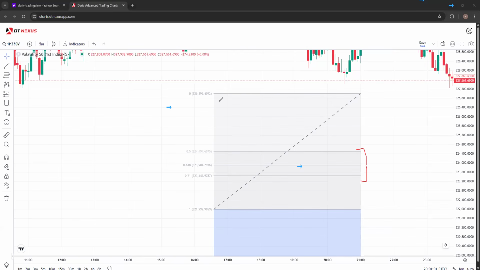What now counts is, did your market structure shift on the 0.5 or on the 0.618 and give you a breakout structure, or did it shift on the 0.71 and give you a breakout structure? So any of these are valid, but what matters the most is your market structure. Did your market structure play?